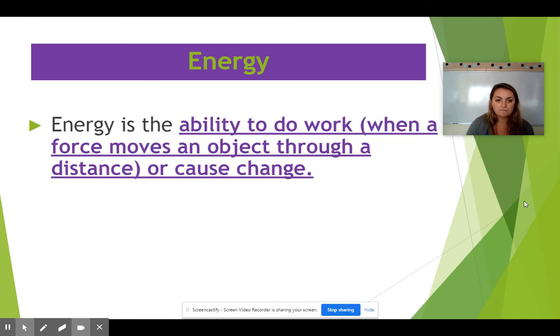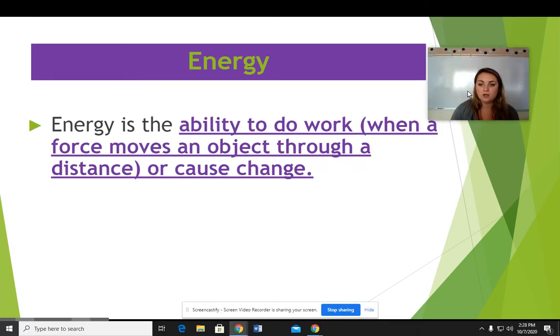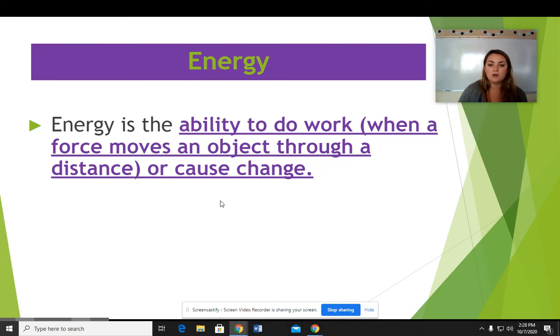So energy is the ability to do work when a force moves an object through a distance or causes changes. When you're filling this in, you're writing in anything that's underlined and in purple here.